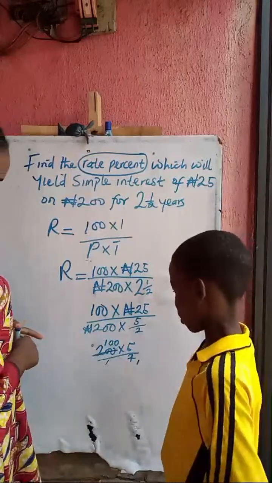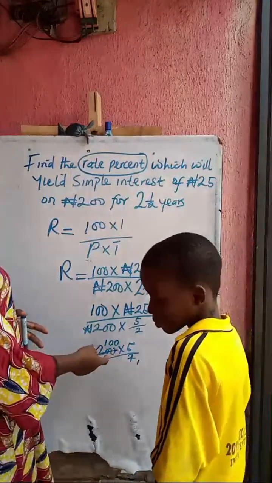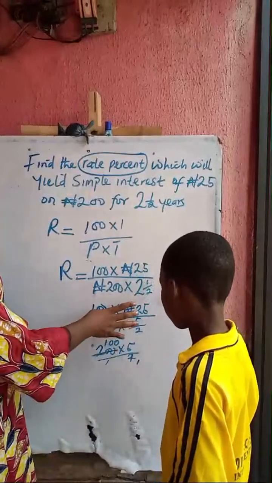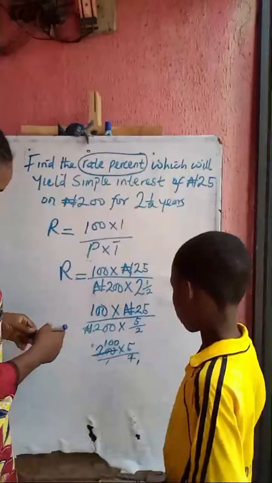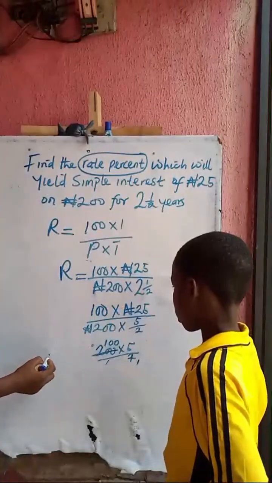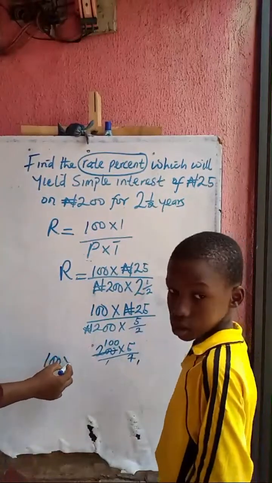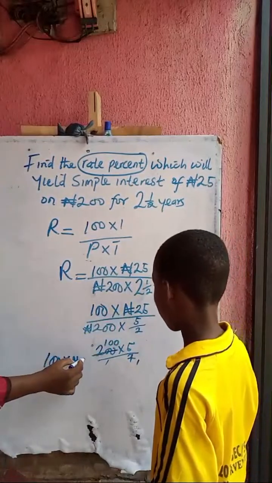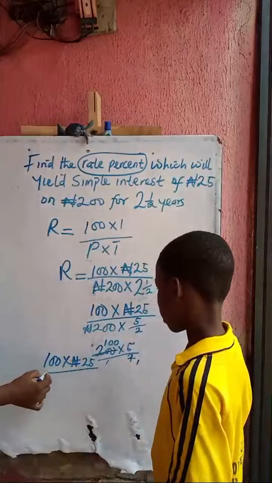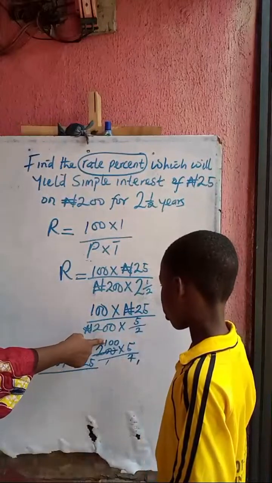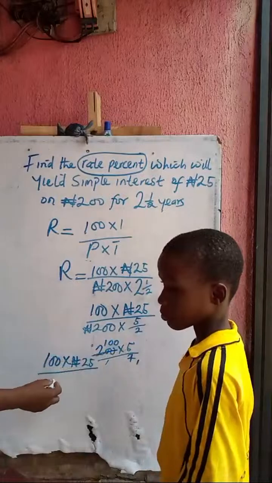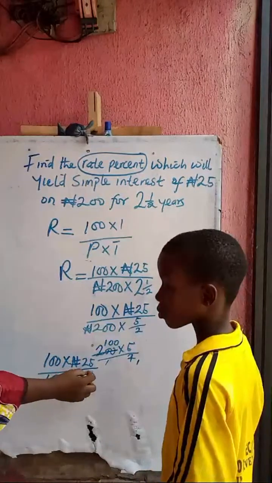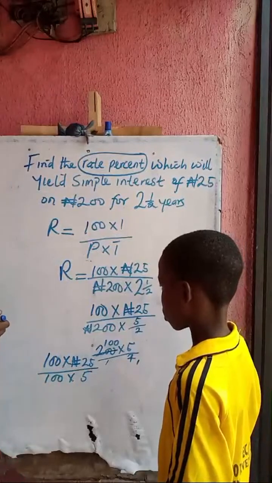So now we have 100 times 25 over 100 times 5.